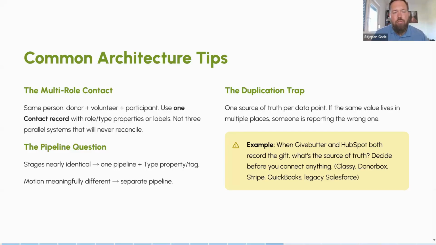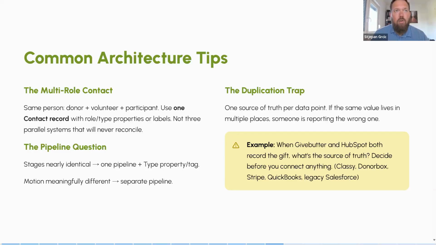If the real work process is meaningfully different, with different stages and a lot of different automations, then and only then do you split into a separate pipeline. A different label is not a different motion. So don't duplicate a pipeline just because the grants or the memberships feel different.